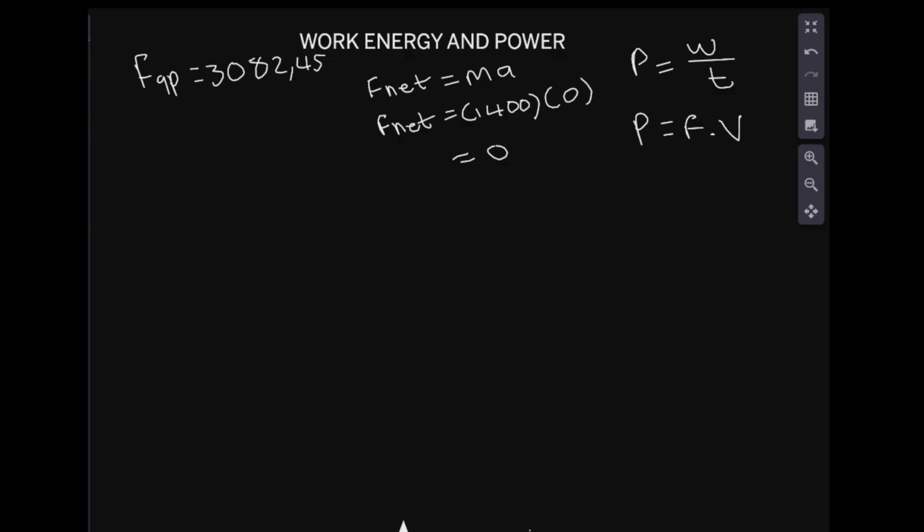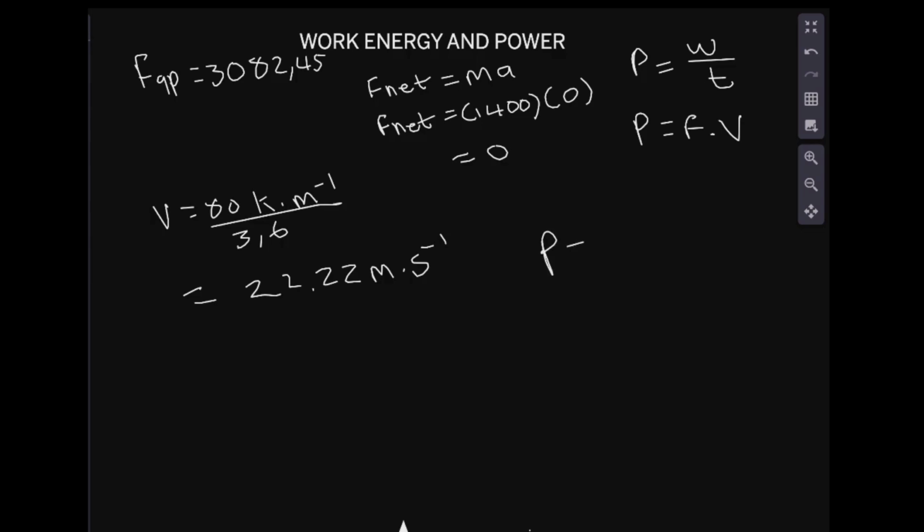Now, the velocity they gave us was 80 kilometers per hour, right? Remember, to convert that, you need to divide by 3,6 to get it to meters per second, which gives us 22,22 meters per second. Now we can say that power is equal to force times velocity.